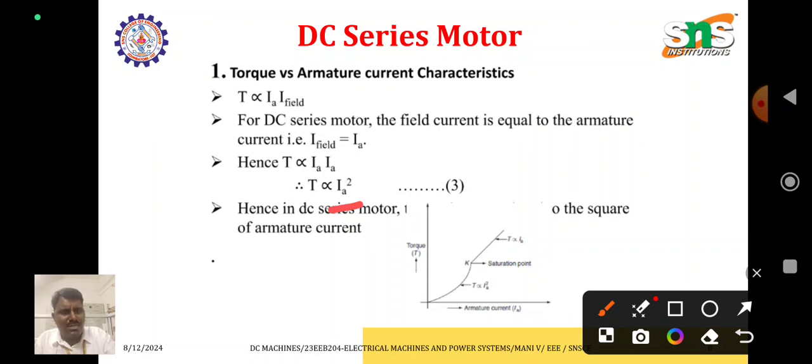Therefore, the torque is directly proportional to Ia square, the square of the current. So it will certainly increase to a certain value. Once the field is fully excited and reaches the saturation level, after that the torque is directly proportional to Ia. So it will gradually increase.